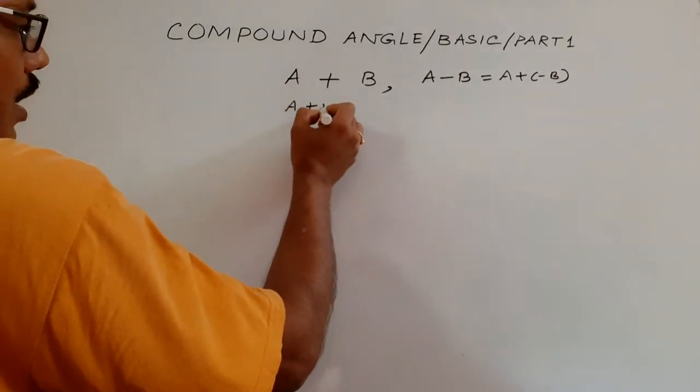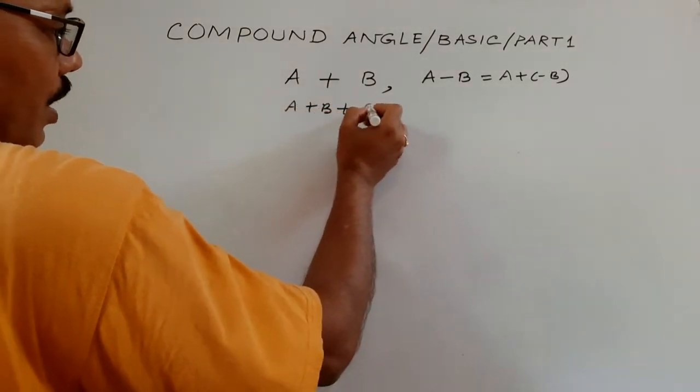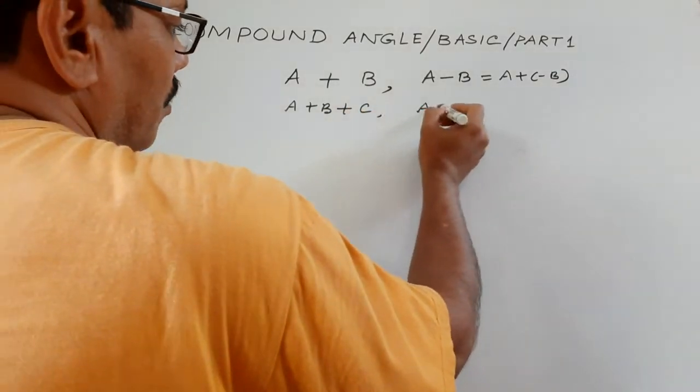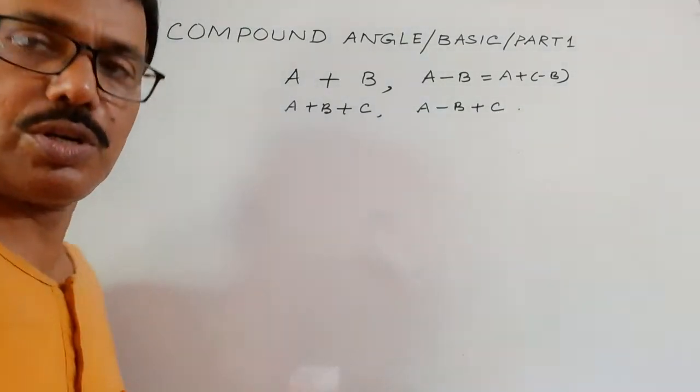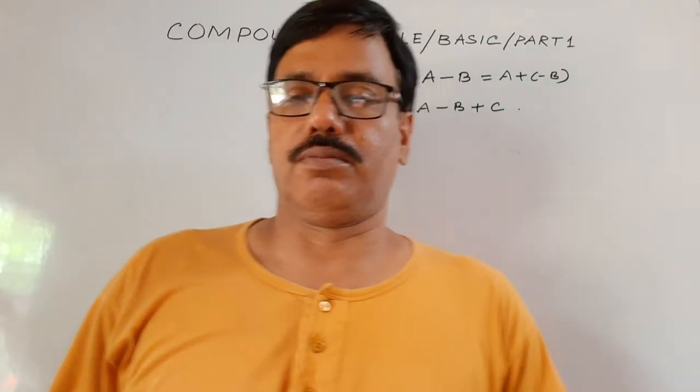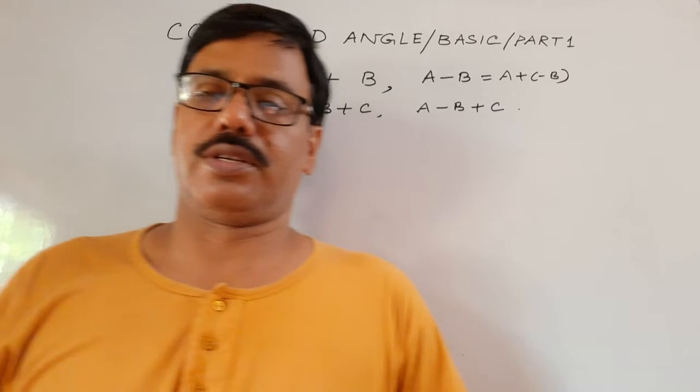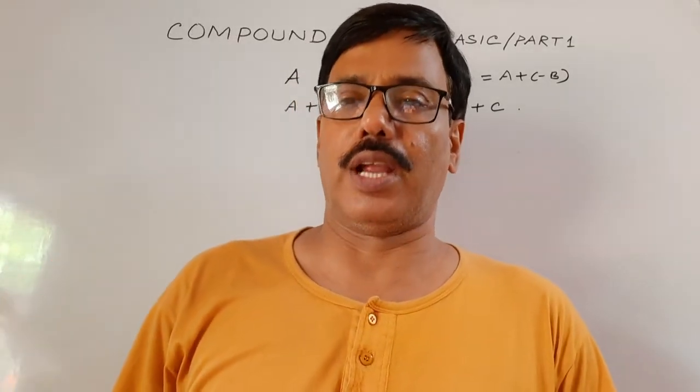A plus B plus C, A minus B plus C. So, the algebraic sum of two or more angles is called compound angle.